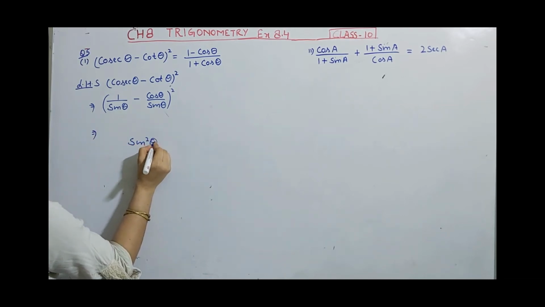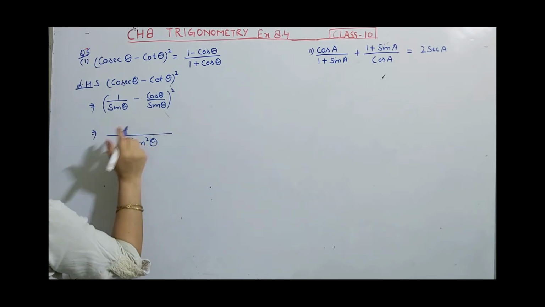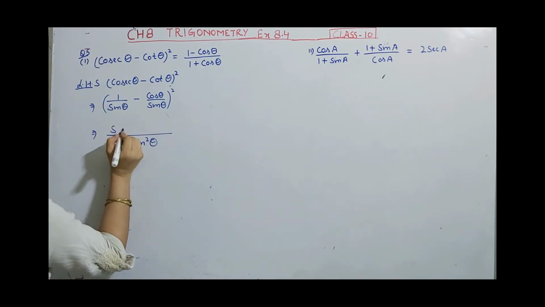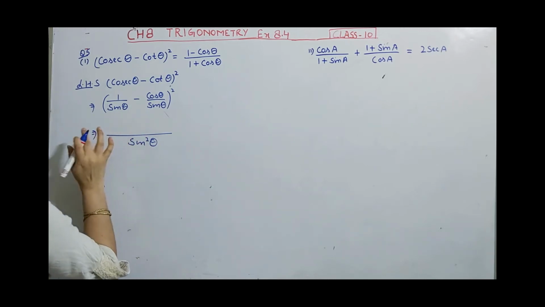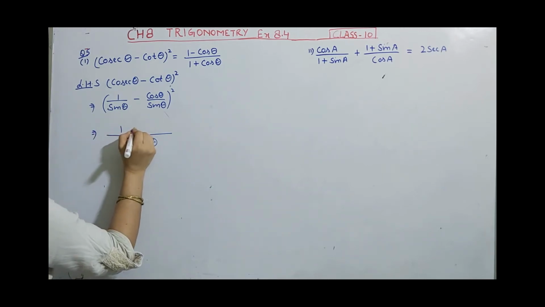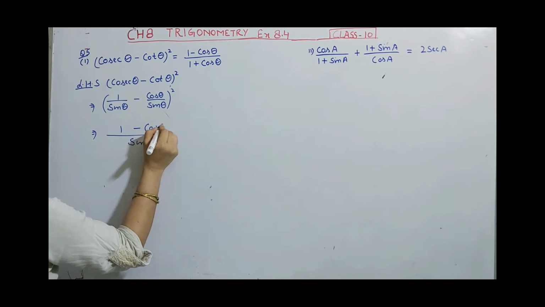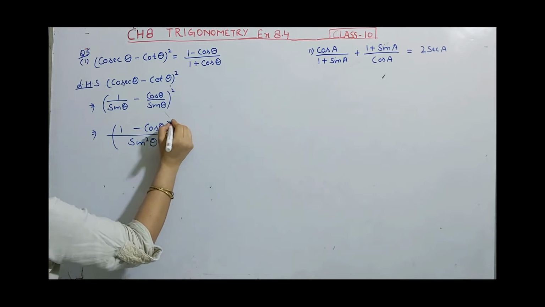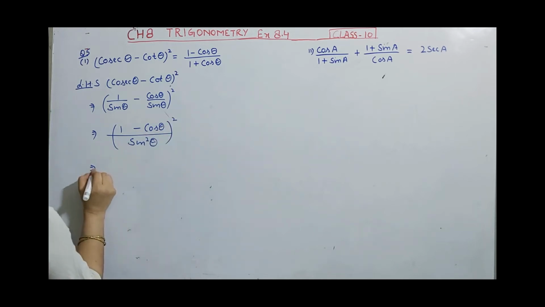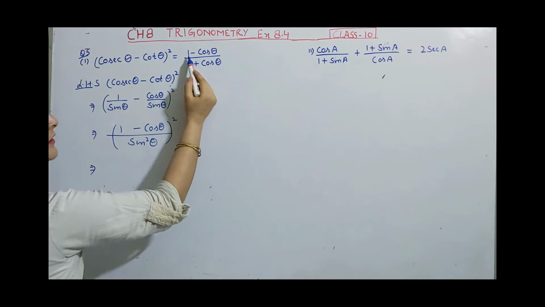Sin square theta, it becomes (1 minus cos theta) square. Next step, look at the right hand side.